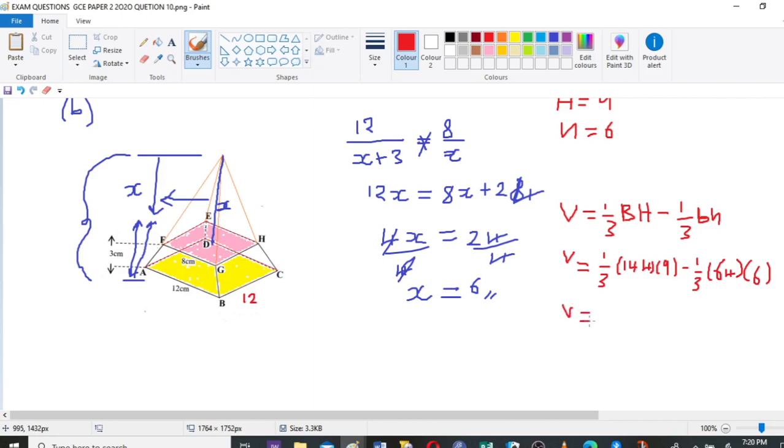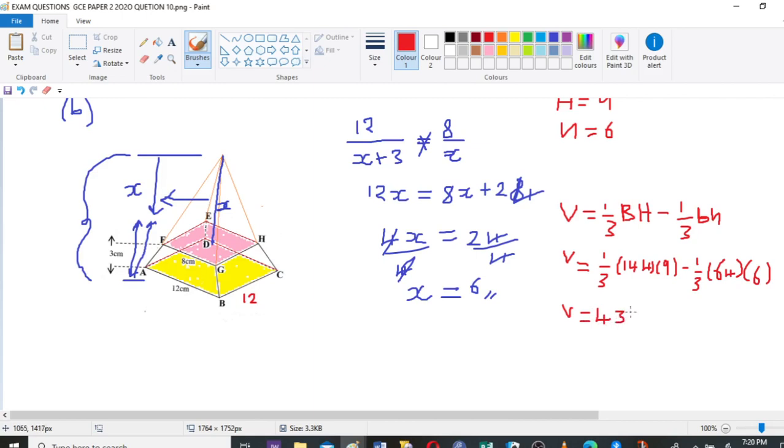So calculating your volume would just be 144 by 9, and that divided by 3 will give you 432.